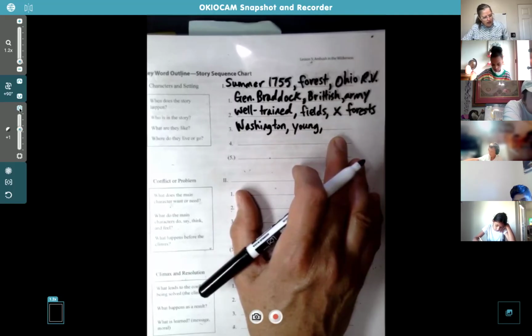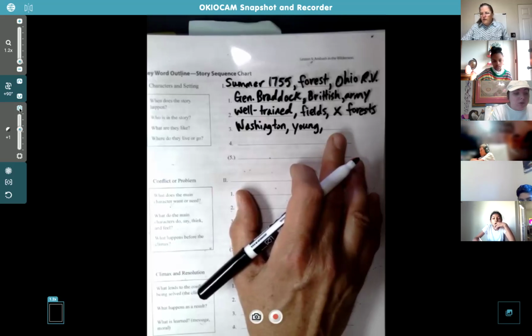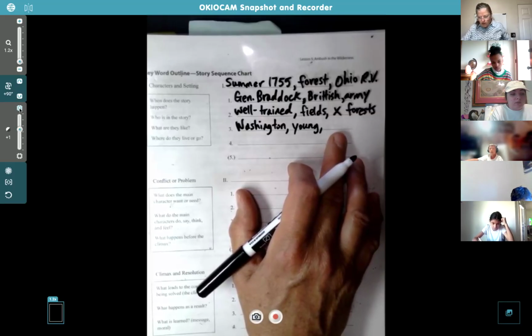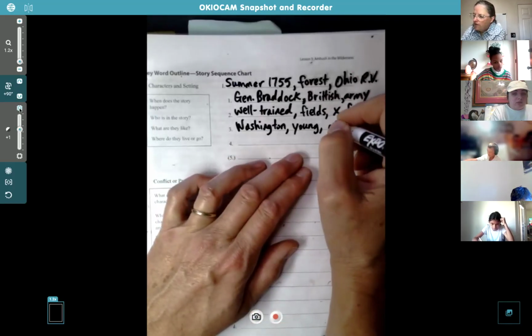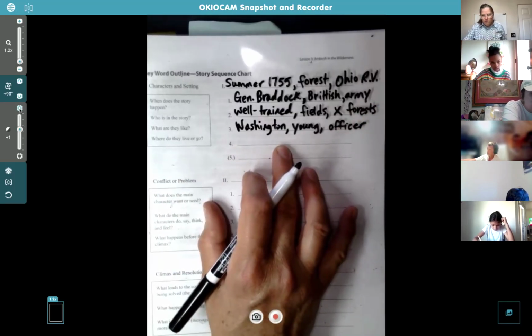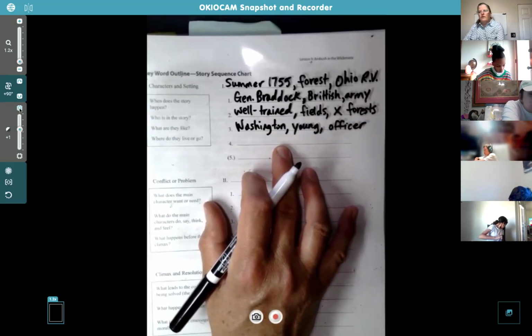He was at his side. So he was basically helping the British leader, General Braddock, right? A young American officer was at his side. So I wonder if we need a word here to kind of, well, I like officer too. That's a good one. Maybe let's put officer. I agree with you, Kaden. And then maybe on the next line, we could talk about how he helped him. Yeah. He was at his side. So can we start with that, Camila?